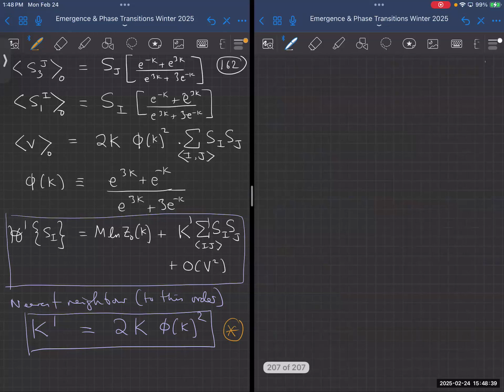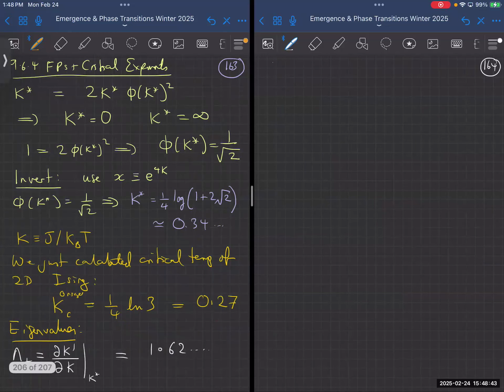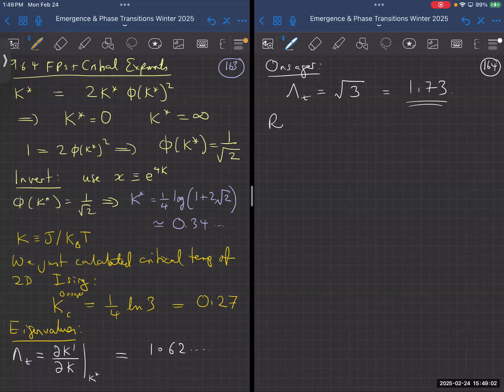And if I compare that with Onsager, Onsager said that lambda t was equal to the square root of 3. Remember, we had that earlier on, and so that would be 1.73. So actually, it's reasonable agreement.